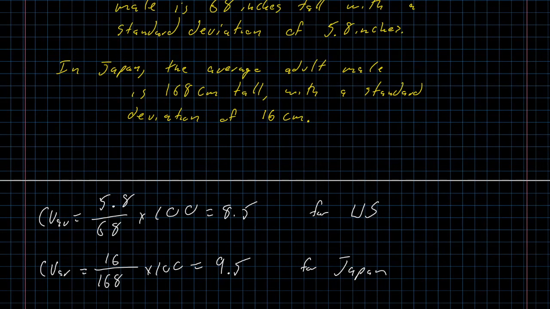But at this point, the average height of adult males in Japan had a greater variation than the average height of adult males in the United States. Does that mean anything? I don't know. I don't care. What matters is we can say it. We can do the calculations, and it's up to the people collecting data to tell me whether the data is valid for anything or not. I'm not worried about that.